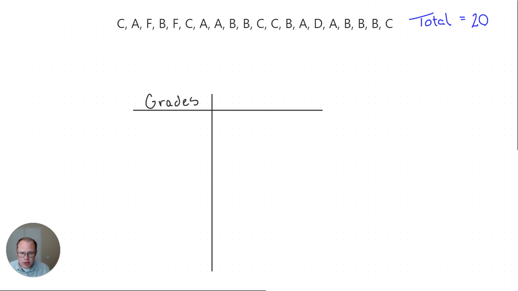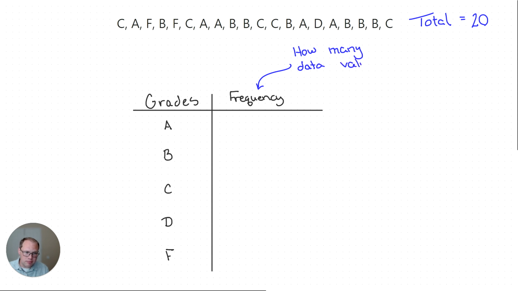And the grades could be A, B, C, D, or F. In the second column, we are going to have the frequencies of each grade. Okay? Frequency here is just a fancy way to say how many. How many data values in each category.